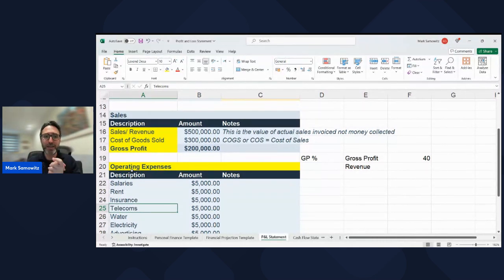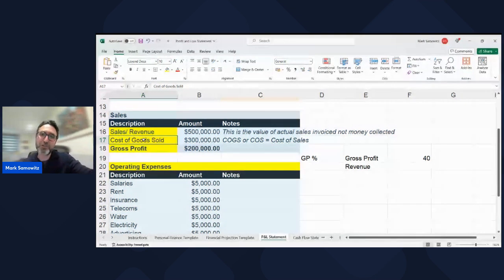And when you look at your P&L now, you will see that sales, value you invoiced. Cost of goods sold, that's the actual inventory cost that has now been expensed, as we showed, moving that down from inventory to cost of sales. Gross profit, difference between the two, revenue and cost of goods sold.